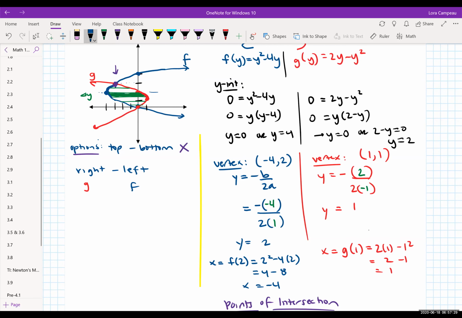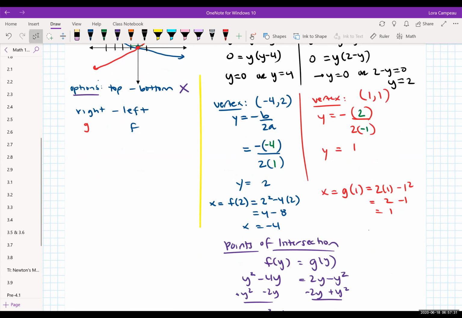So now that sets us up for our integral. We can set up the area. The area is the integral from a to b, and this time it's right minus left. So this time it's what? g of y minus f of y dy.